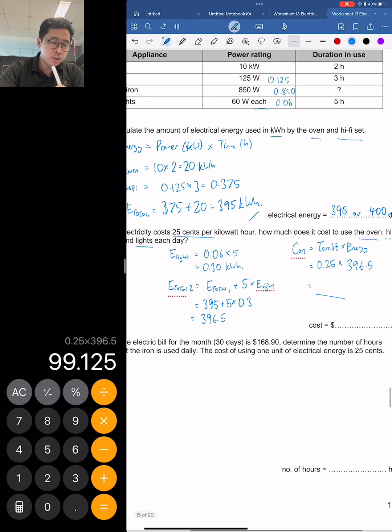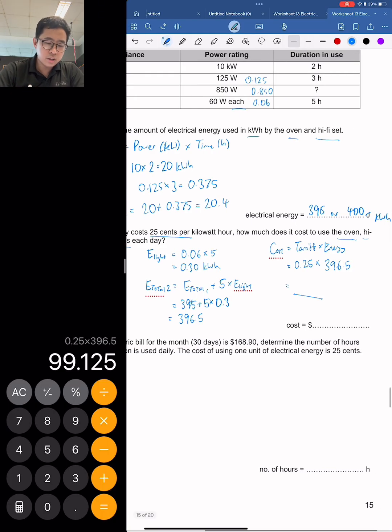So the energy total in this case will be 20 plus 0.375, which is equal to 20.4. So you can express the answer in 20 kilowatt hour or 20.4 kilowatt hour.